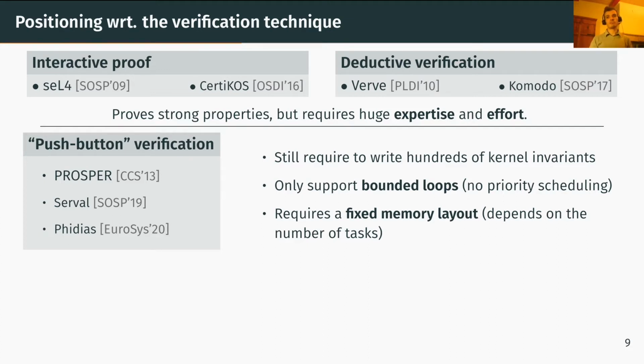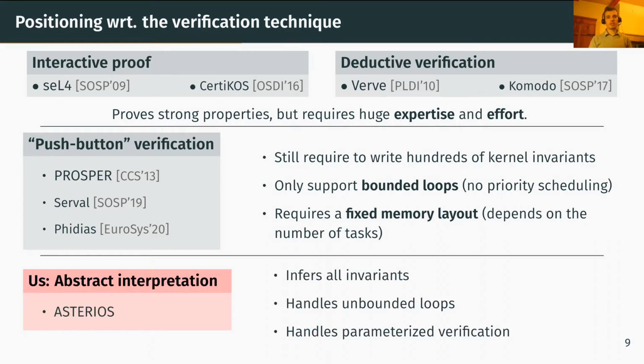These methods are more automated and require less manual intervention, but they still require to write the kernel invariants manually, and these invariants can be pretty big. They only support bounded loops, which precludes priority scheduling, and they require a fixed memory layout that depends on the number of tasks, which is an obstacle to genericity. In contrast, we use abstract interpretation to infer all the invariants. We handle unbounded loops and parameterized verification with a low annotation burden.